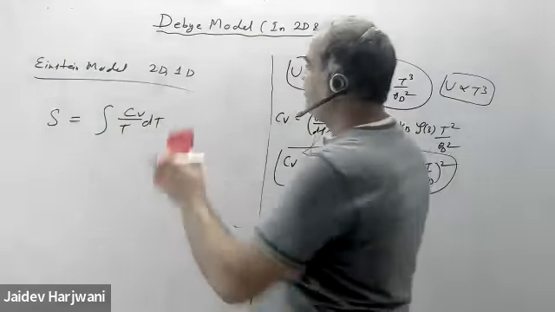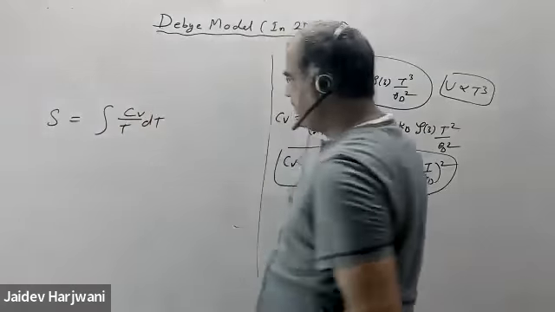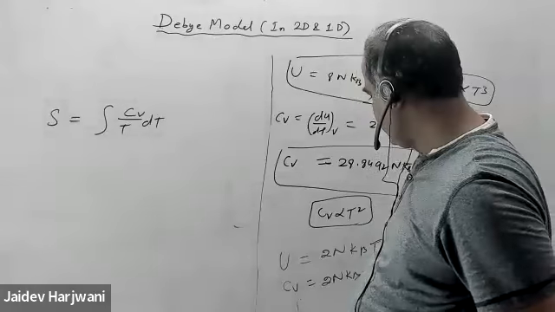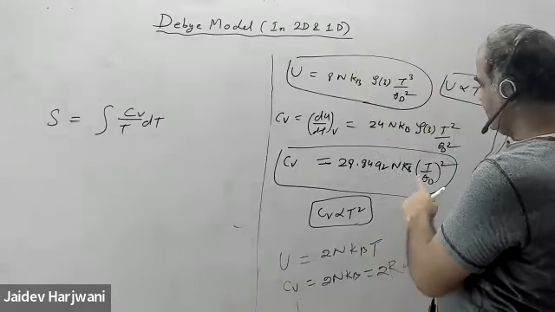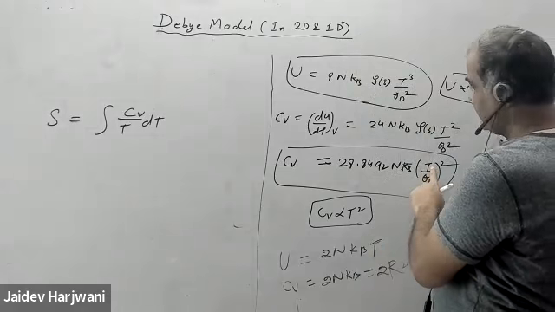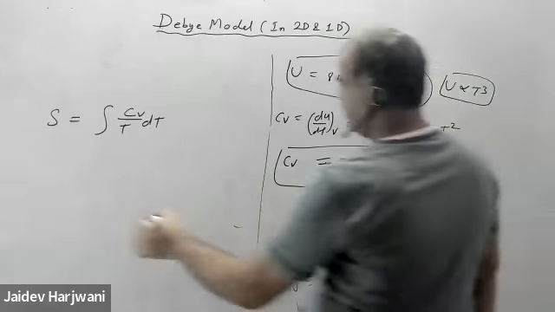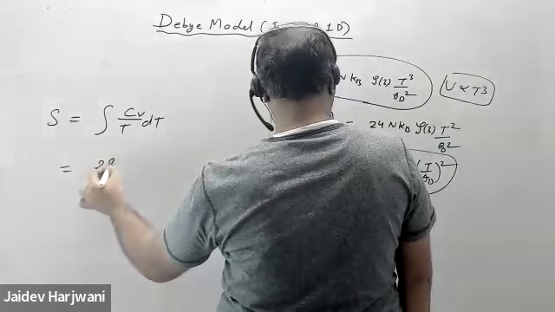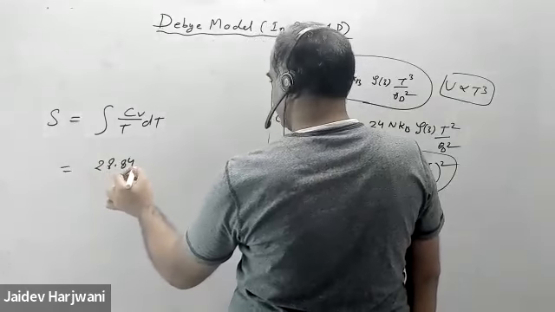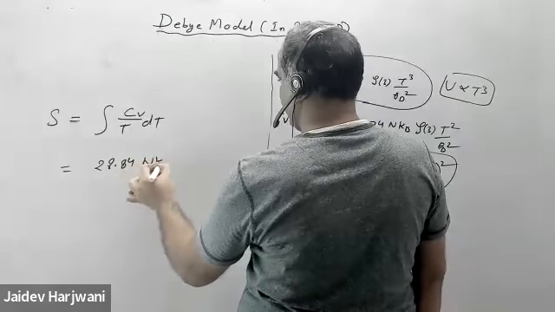Entropy, so calculate now what's the entropy. So here we have T square. तो एक T कट जाएगा, इंटीग्रेट होगा तो वापस T square आ जाएगा. So this value will be 28.84 nkB.